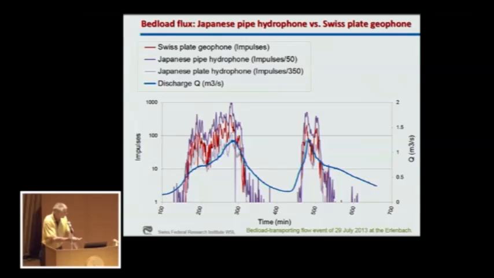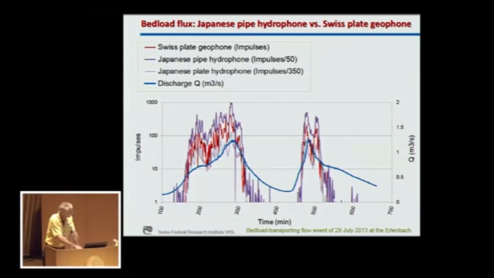You see the discharge here, the blue line. And for the analysis of the Japanese pipe hydrophone system, we use the same procedure as for the Swiss plate geophone system. And you can see that the output or the level of impulses is quite comparable.